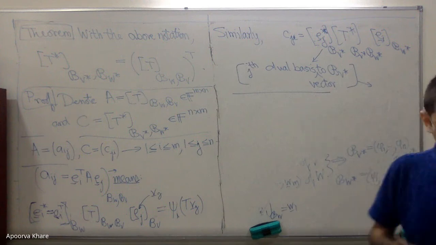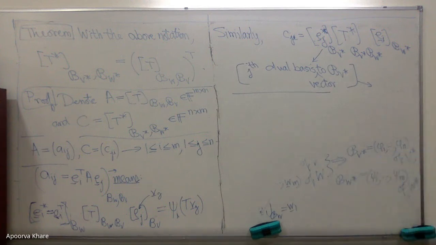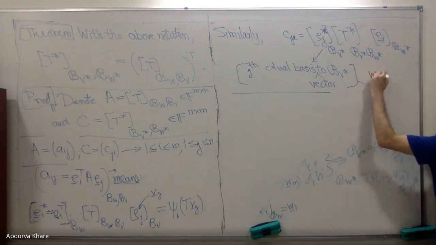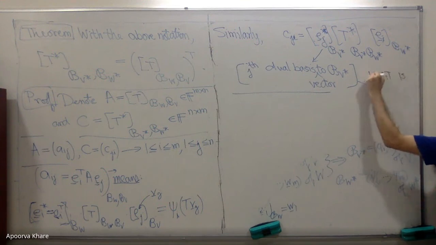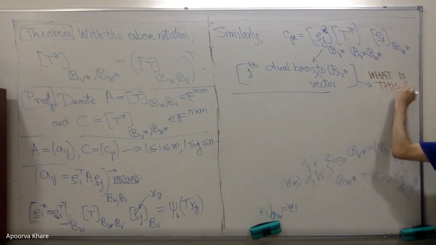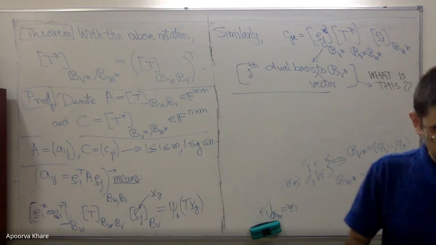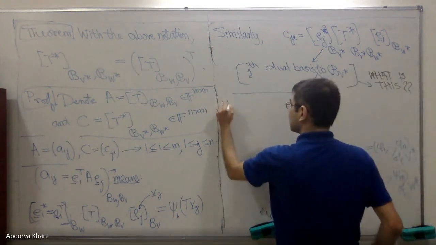Maybe I should put this in black because it's not part of the proof. What is this? And that is answered by the homework problem.